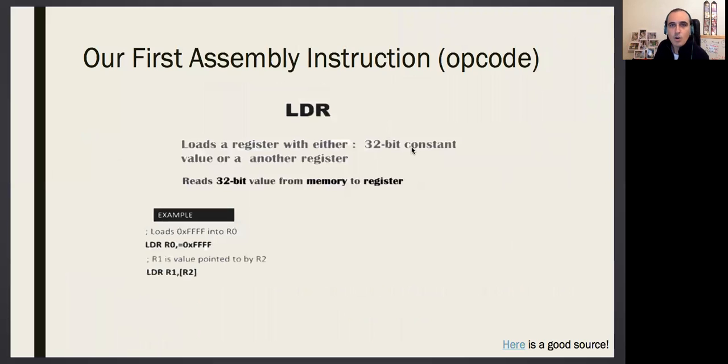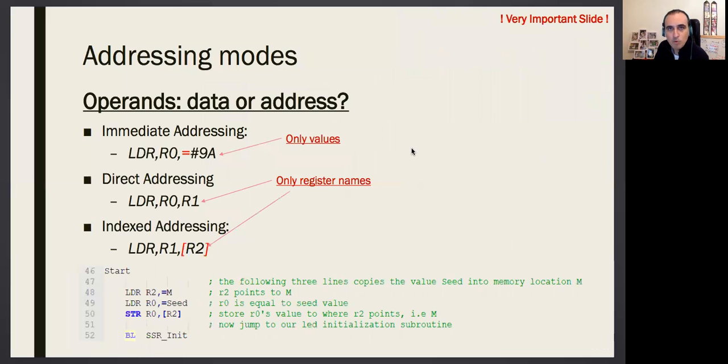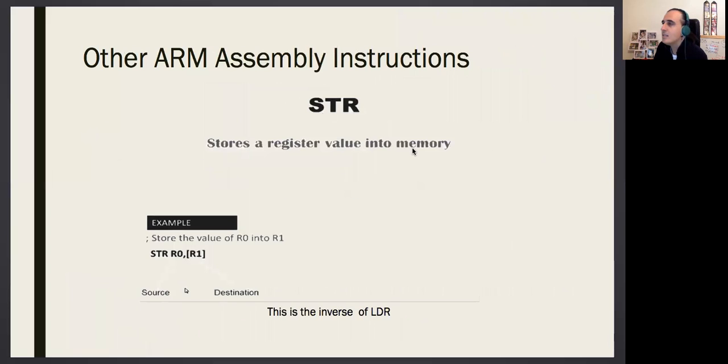Good question. Okay, LDR, move, and STR. STR is the opposite direction of LDR. So you are writing to the memory, or to the registers from another register, whatever it is. You store the values.